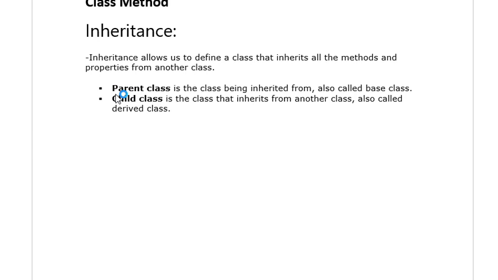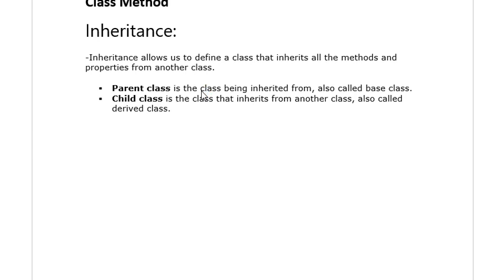What is the parent class? The parent class is nothing but the base class. We can say the parent class is the base class and the child class is the derived class. A parent class is a class being inherited from, also known as a base class. This parent class is like a base for the child class.